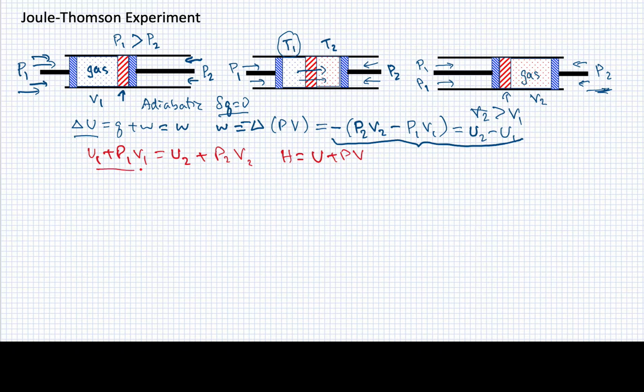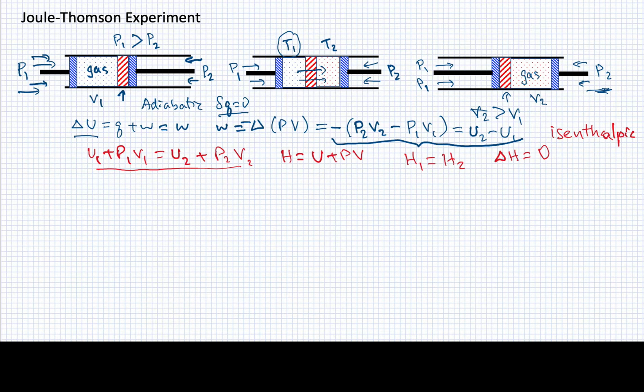So what this expression is telling us is that the initial enthalpy and the final enthalpy are the same. So in other words, the change in enthalpy for this process is zero. And that makes this entire process what is called an isenthalpic process. That is, a process in which the enthalpy doesn't change.